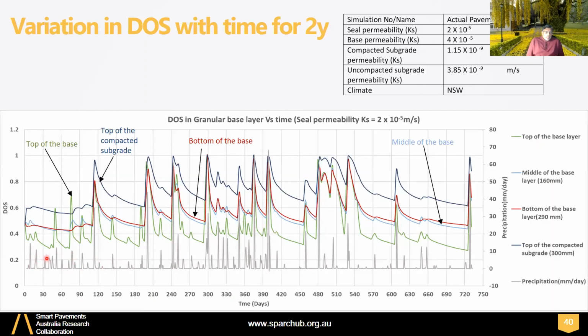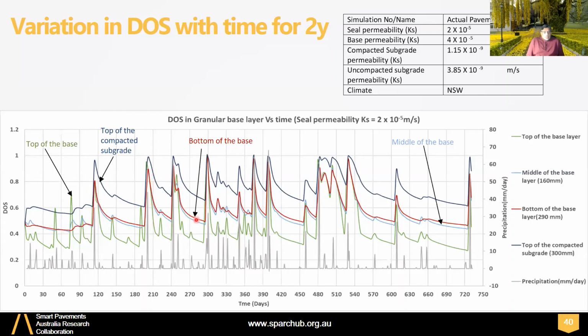When a rainfall spike happens, the top of the base layer responds to that and goes up and down, right? The red one is the bottom, and the light green one is the middle of the base. They also follow together and go up and down as well.